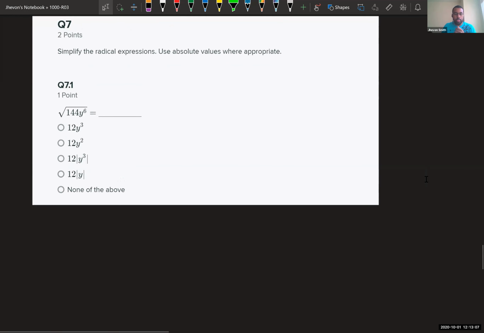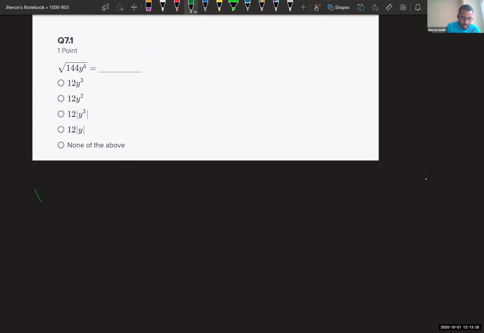What about this one? Simplifying the radical expression. Ideas? What will the first step look like? So if I have the square root of 144 y to the 6.